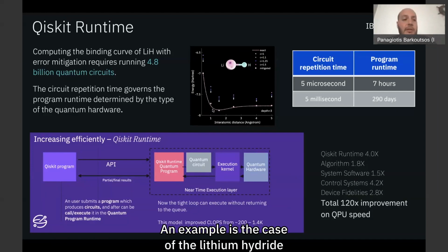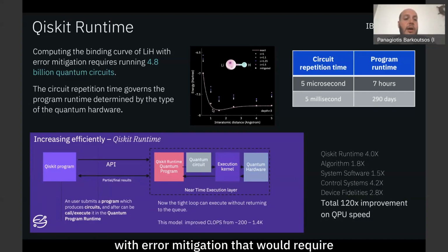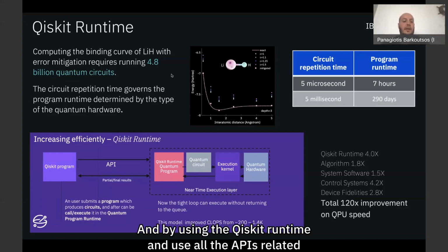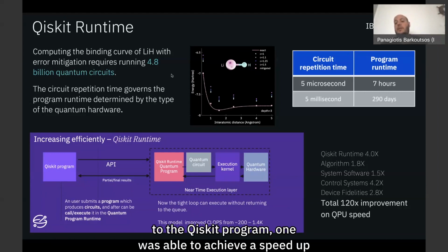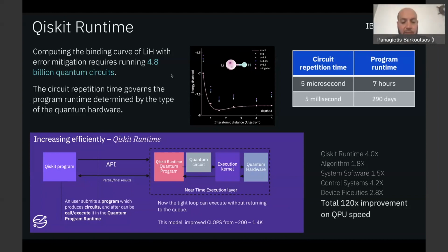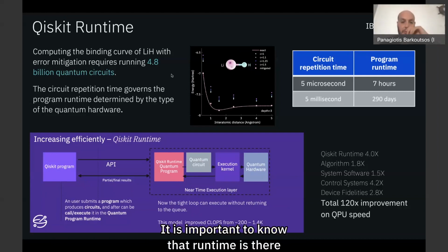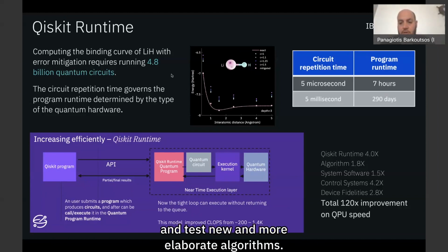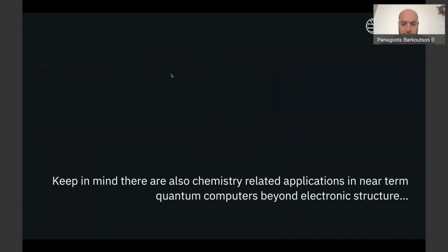An example is the case of lithium hydride with error mitigation, which would require in the order of 4.8 billion quantum circuits. By using the Qiskit Runtime and all the APIs related to the Qiskit program, one was able to achieve a speed up in the order of 120 times, which is a significant speed up for this particular calculation. It is important to know that Runtime is there and can be used in order to simulate and test new and more elaborate algorithms.